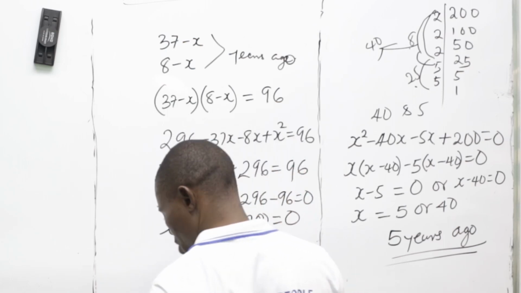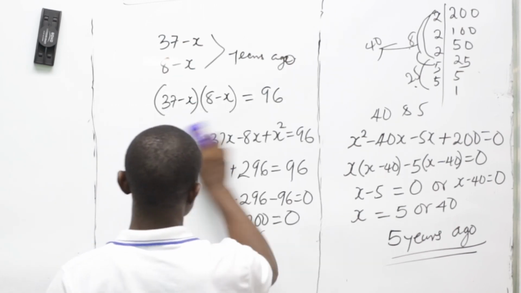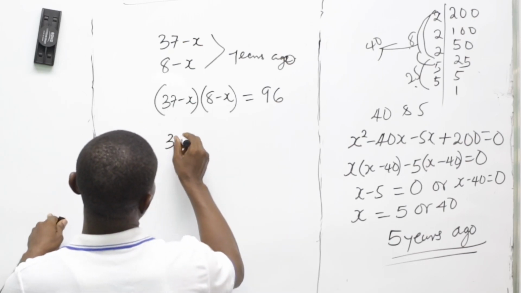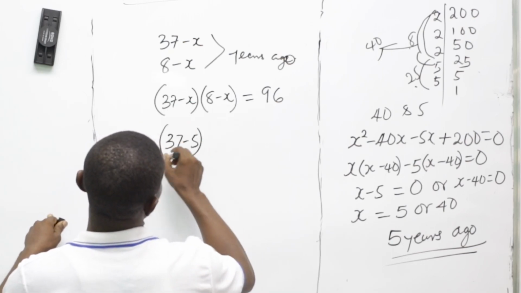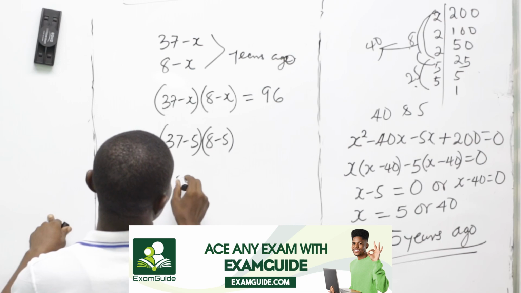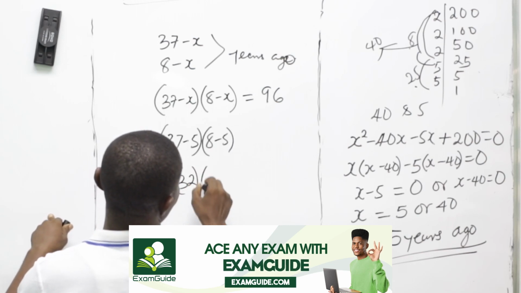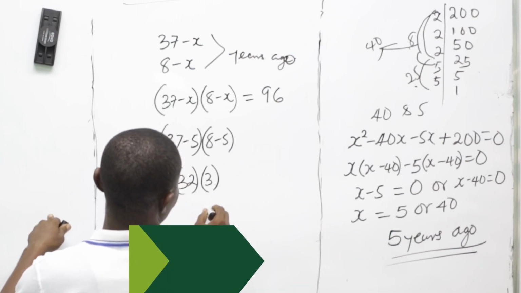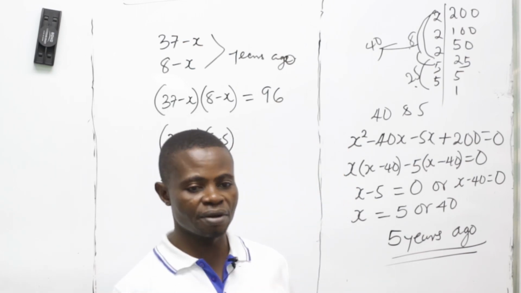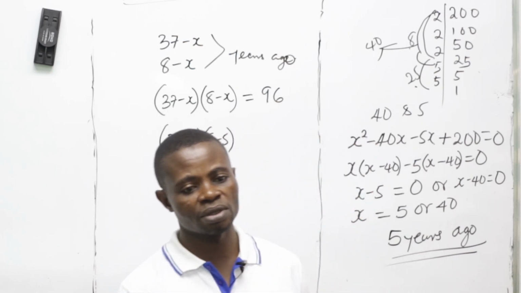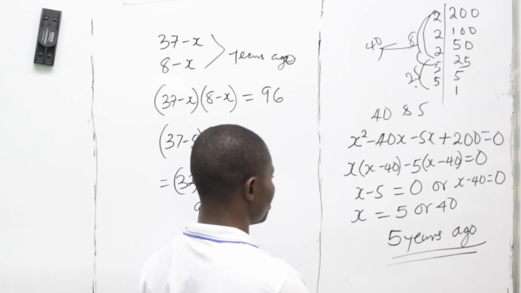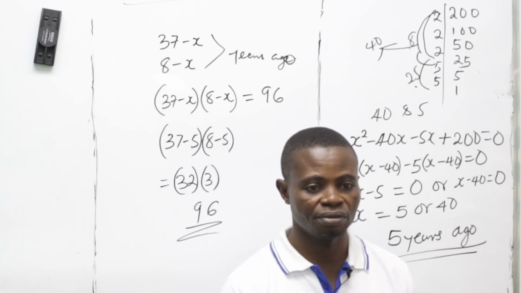Let us check if that is true. (37 minus 5) times (8 minus 5). 37 minus 5 will give us 32, multiplied by 3. 3 times 32 is 96. So, indeed, 5 years ago, the product of their ages will be 96.